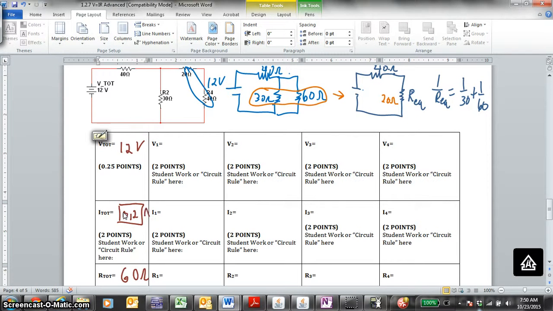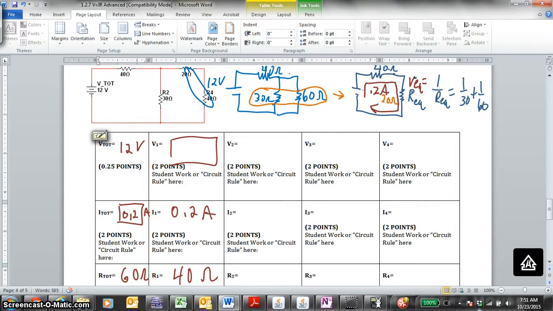0.2 amps. So now this is where it gets tricky. 0.2 amps. That's the amps going here, 0.2 amps. So because these are in series, there's 0.2 amps through the first resistor. You know the resistance of the first resistor. Hopefully you know how to use V equals IR to get that for this column. I would find this VEQ here.